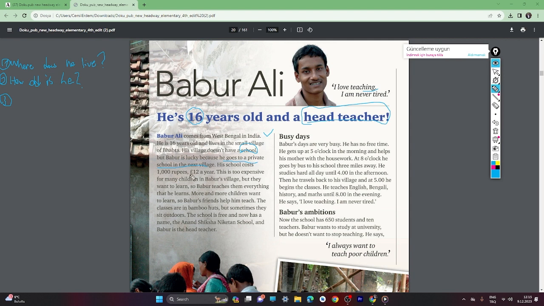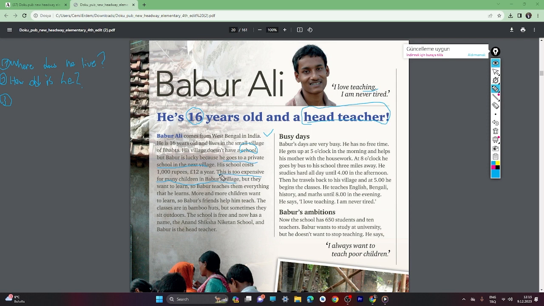His school costs 1,000 rupees. You see, 1,000 rupees, 12 euros a year. It costs like this. This is too expensive for many children in Babur's village.